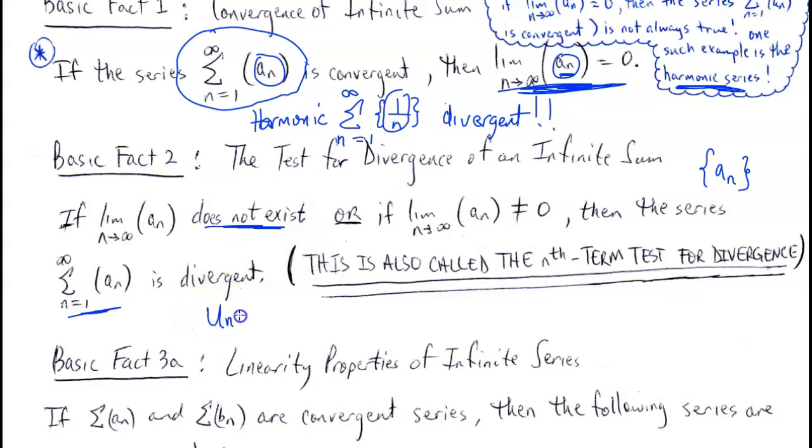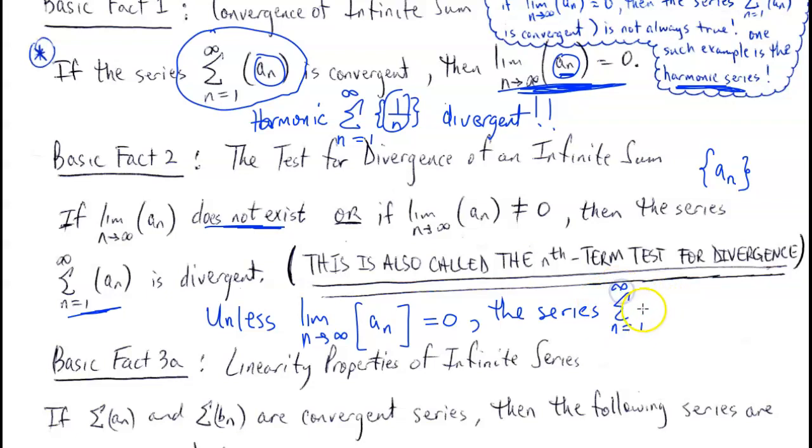They'll say something like, unless the limit as n approaches infinity of this sequence in algebraic form goes to 0, the series here is divergent.